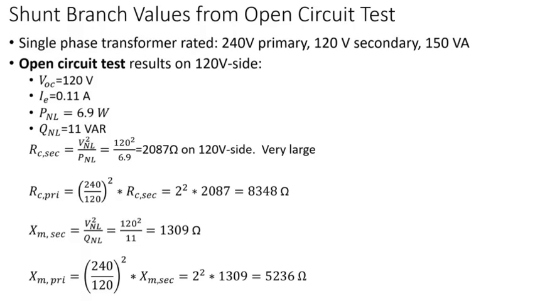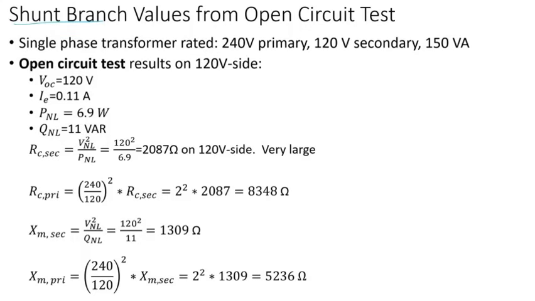Now from the test data, we can do some calculations to come up with the positive sequence circuit model of this transformer. Let's start with the shunt branch.